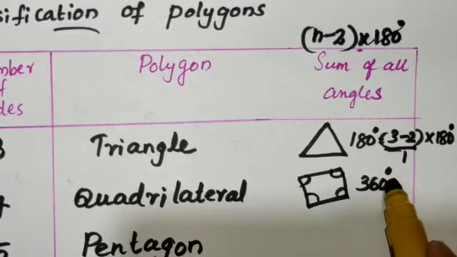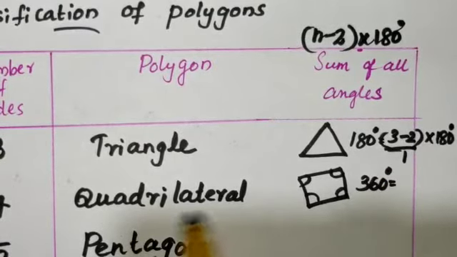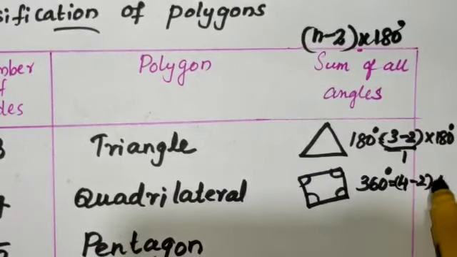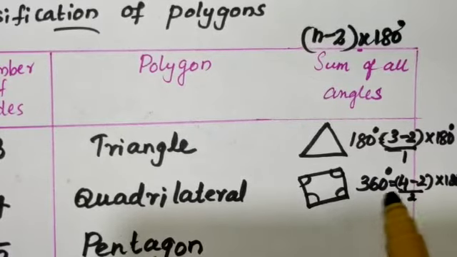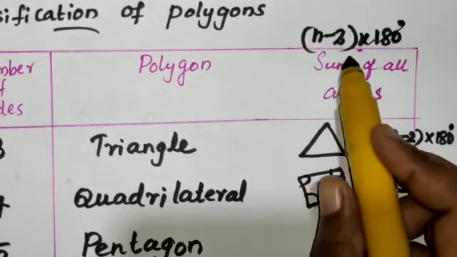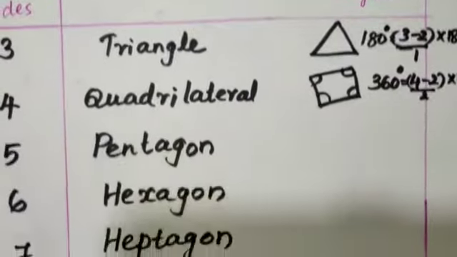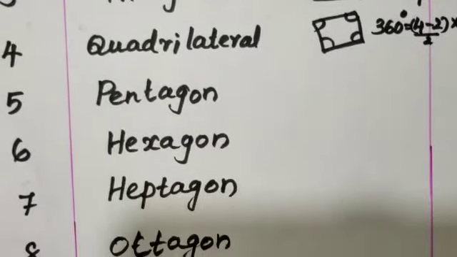And in a quadrilateral, the number of sides is 4. So, (4 minus 2) into 180. 4 minus 2 is 2. 2 into 180 is 360 degrees. So, we can use this formula for finding the sum of angles for all these polygons.